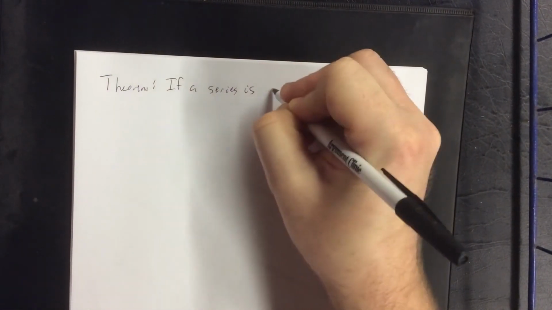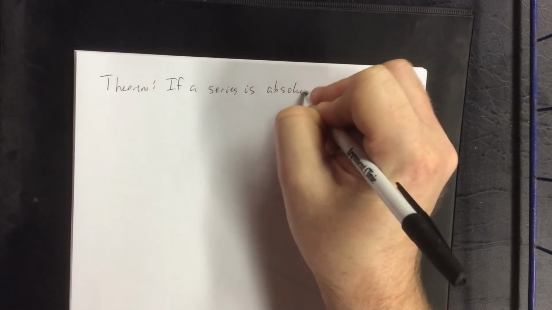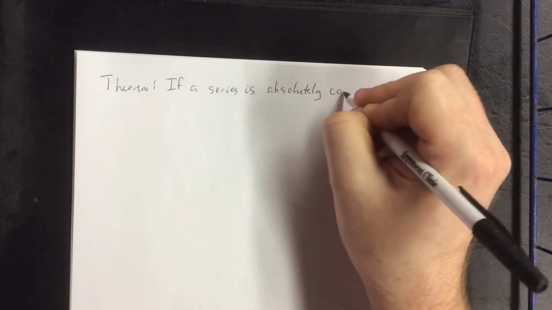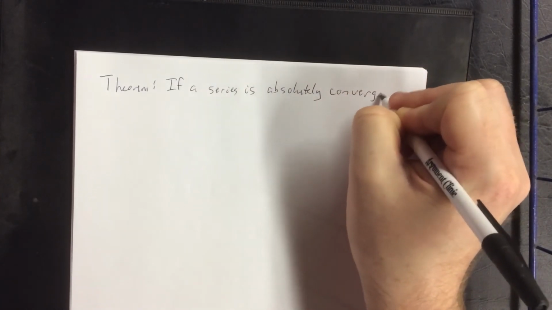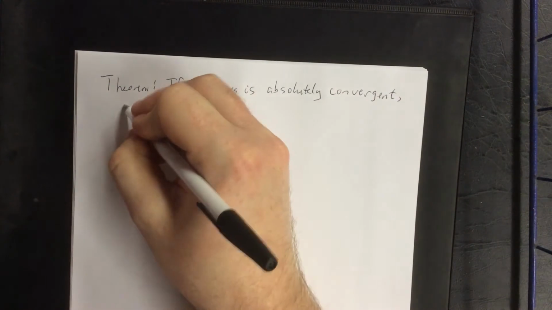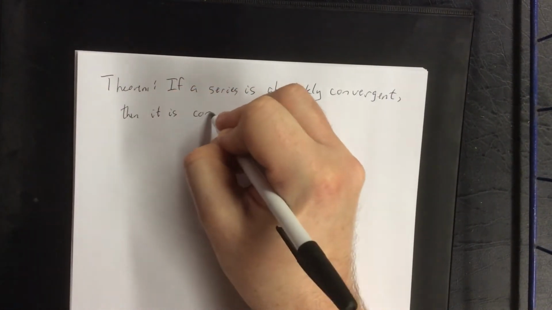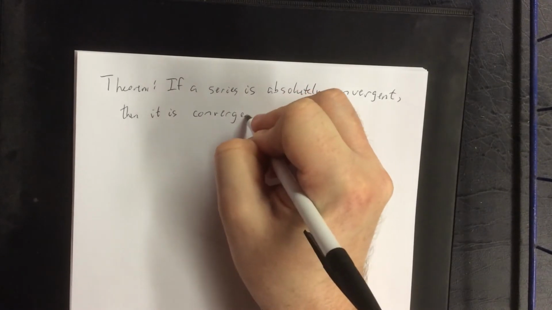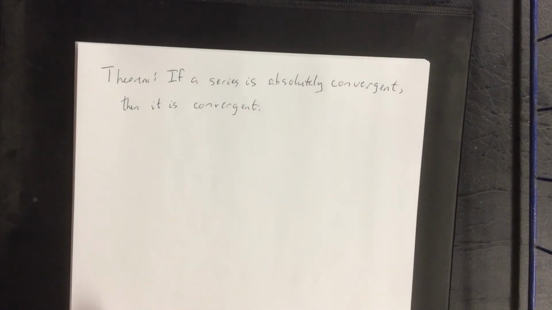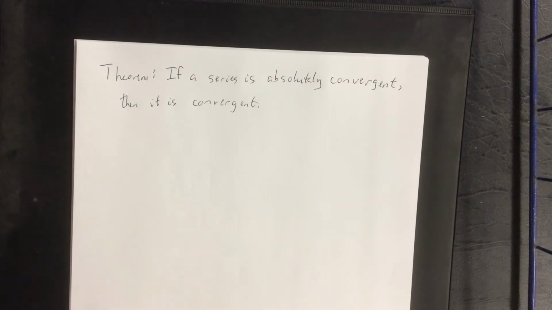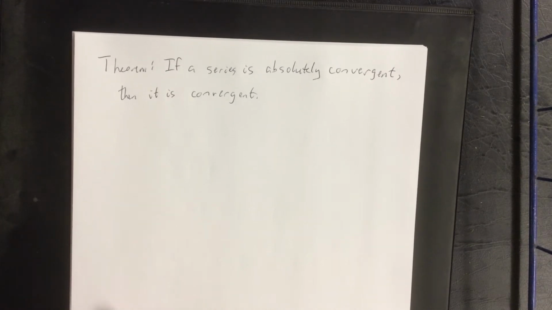If a series is absolutely convergent, then it is convergent. So having the statement absolutely convergent is actually a more powerful statement than simply saying convergent.